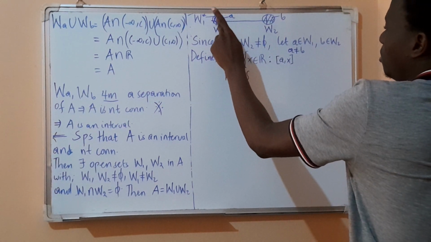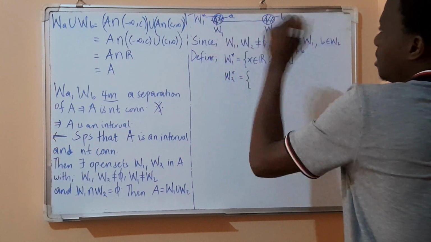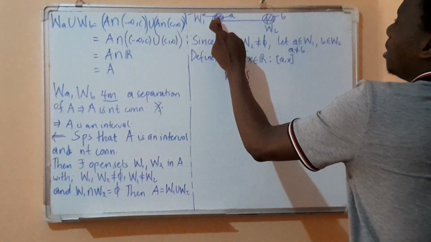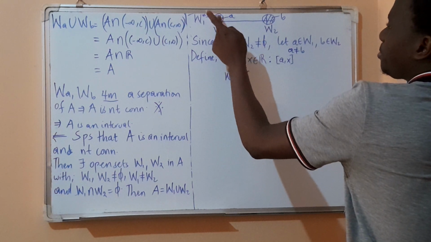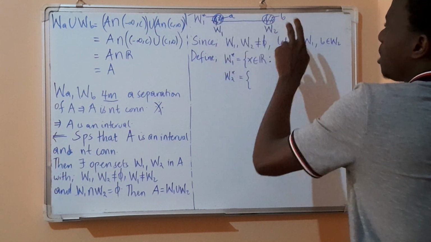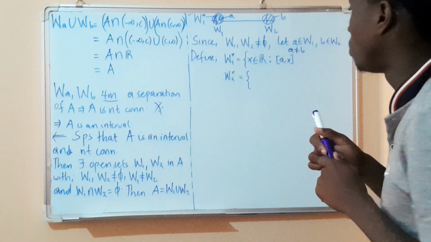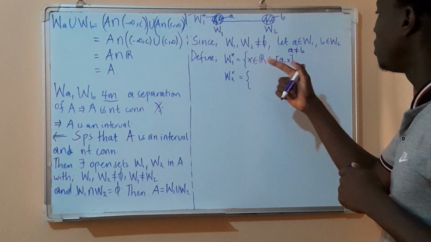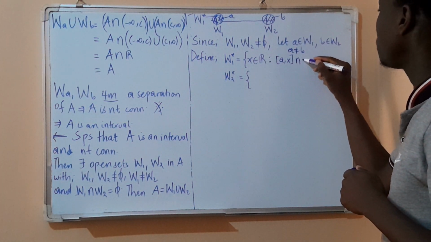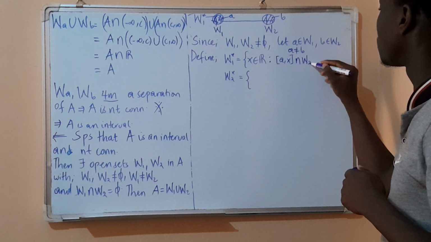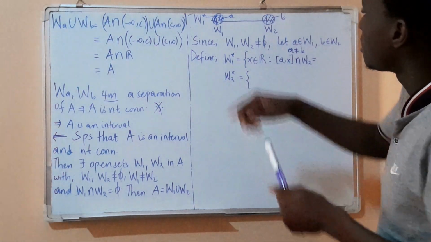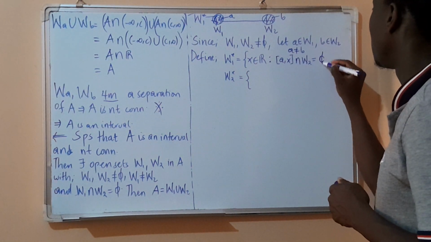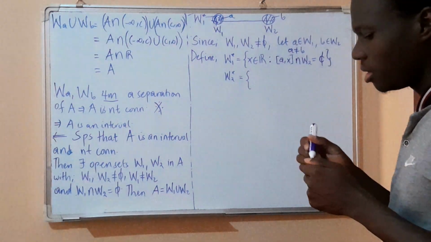We are having this set consisting of real numbers in here, such that I'm taking this interval such that this set cannot meet W2 because I'm extracting it from W1. So real numbers in here, such that they do not meet W2.